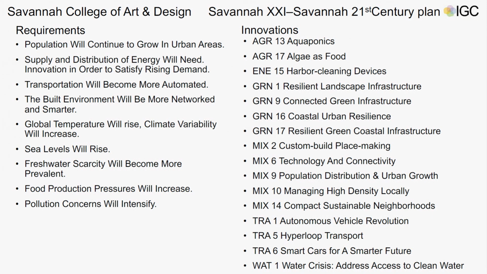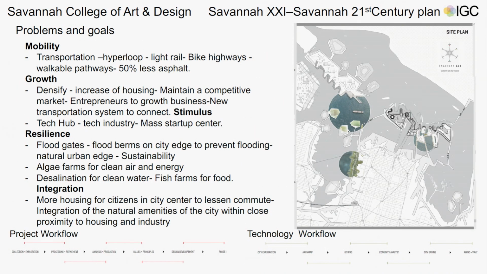So this list of requirements came from that first interaction. And the innovations that we thought about doing were all of those lists; actually, we ran out of room to put more on. So with that, we started thinking about the very first one, the very important one, which was really the sea level rise.